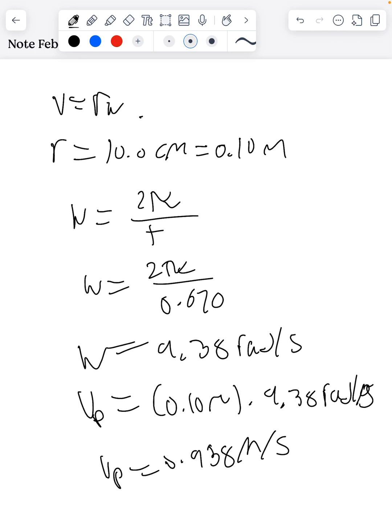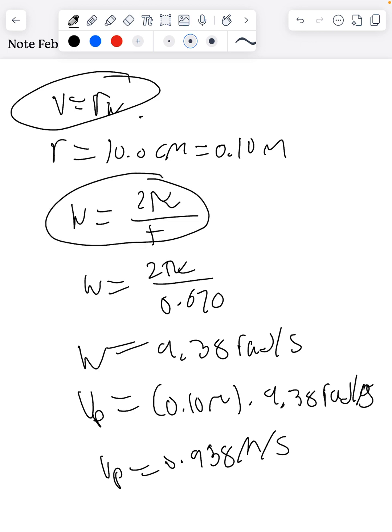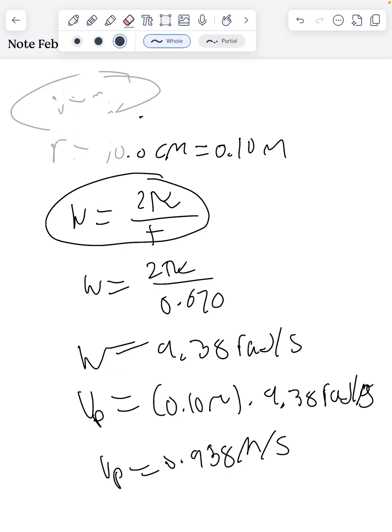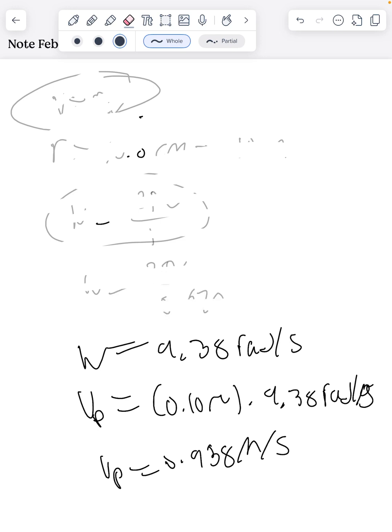We're using the first equation, which is the linear speed of a point rotating on a given object, and this is the angular velocity of the wheel. So that's part D.